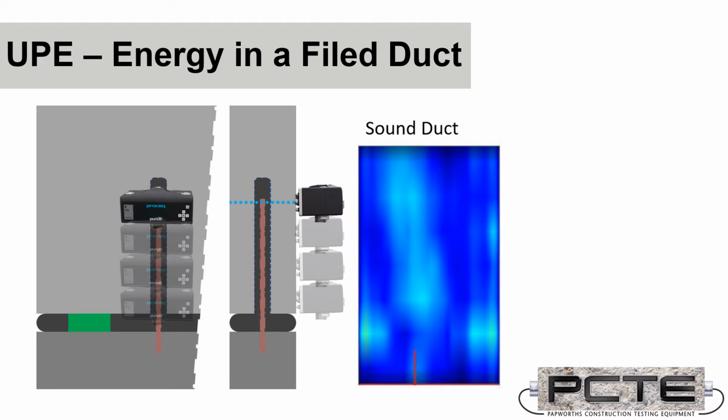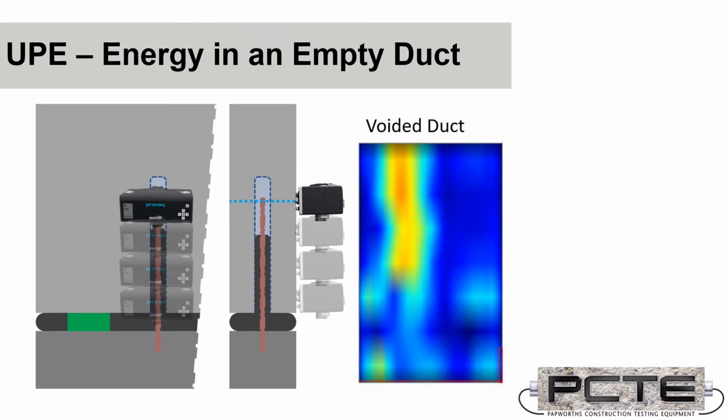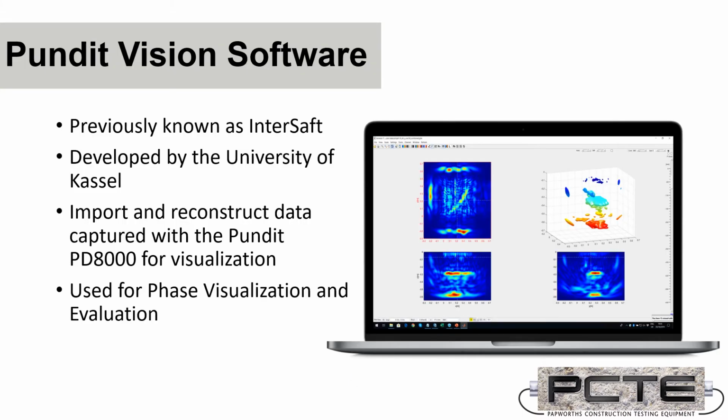So in the previous example I've duplicated here, a weak signal strength indicated by a light blue color was the energy over a duct with void filling grouted correctly, and the voided slab had a stronger energy, represented by an orange or red color here, showing a stronger signal strength. Now, in order to do this evaluation, the settings of the Pundit array that took the data had to be kept all the same, gain and signal processing, so that the two results could be compared.